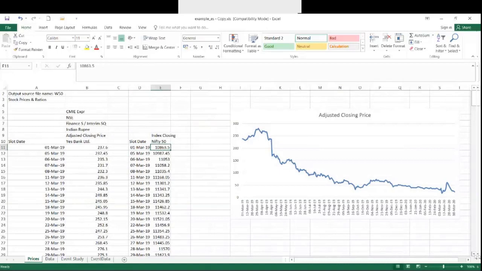But with a lot of issues it started facing between 2014 and 2019, mostly governance issues, the bank suffered a significant price fall.